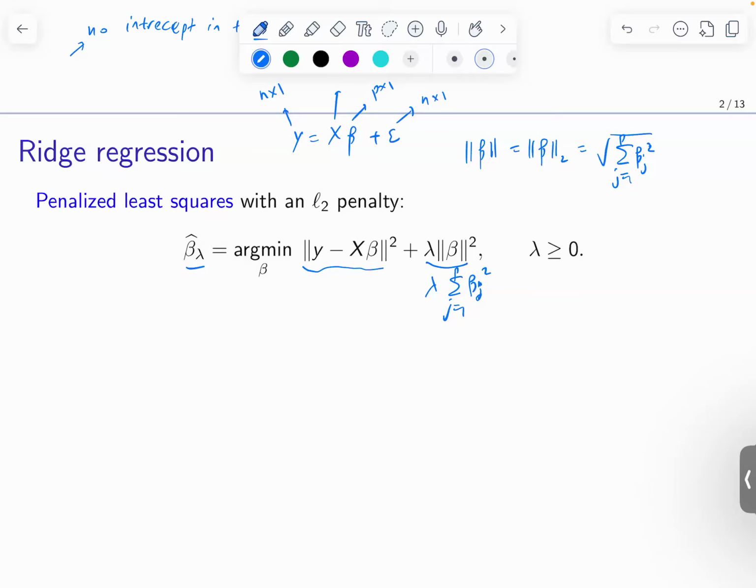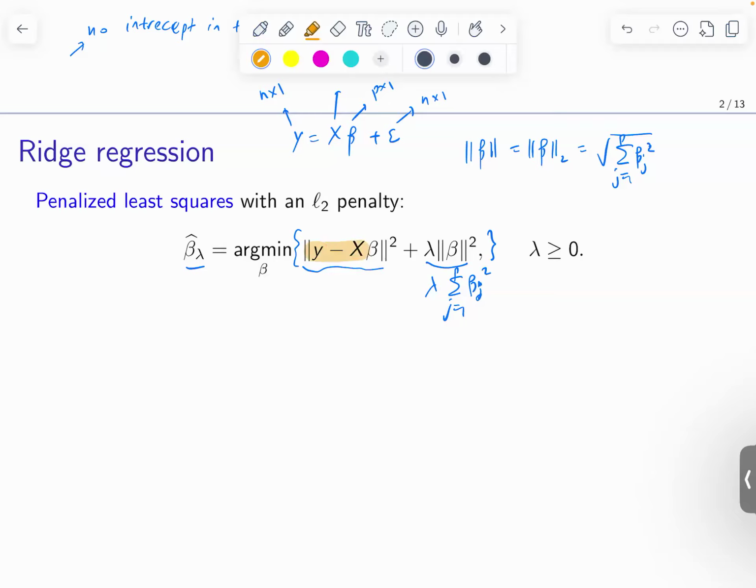So how do we solve in closed form? Anyone? Can I write down beta hat?